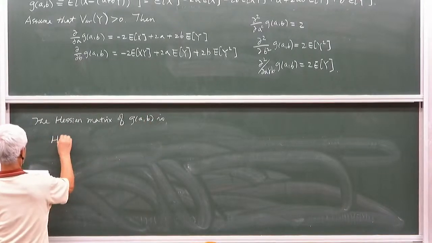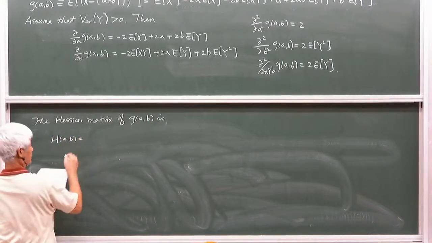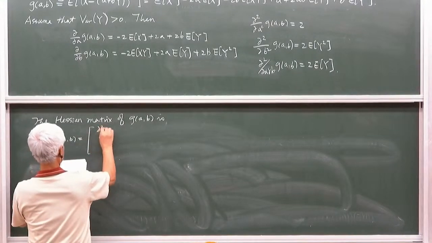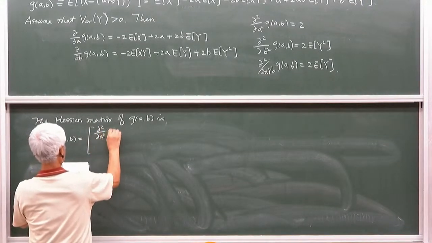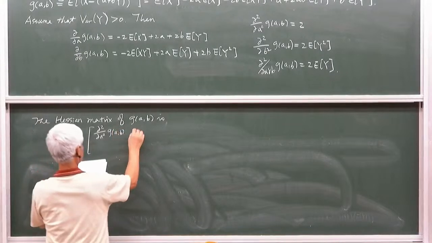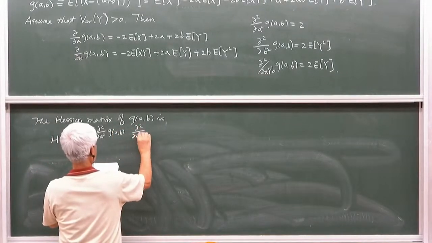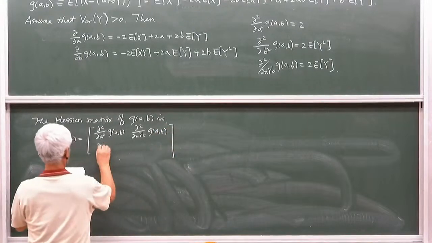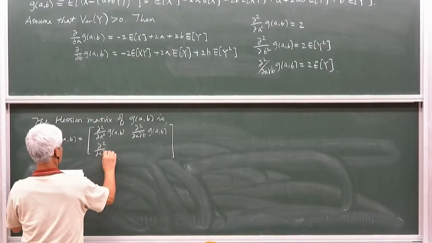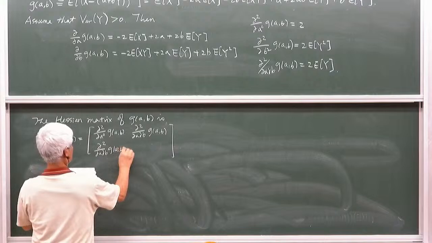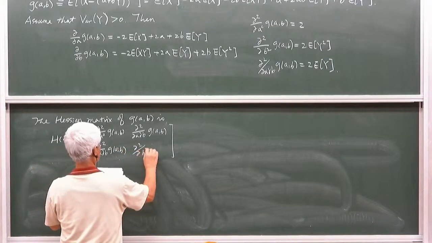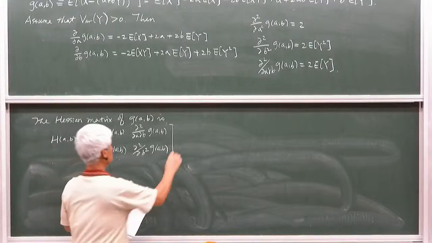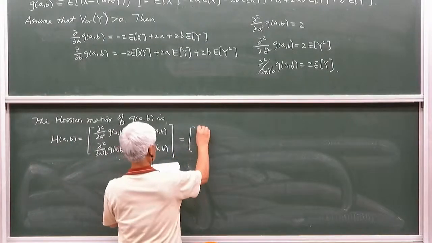So for the Hessian matrix, again, we have 2 parameters A and B. You write down the Hessian matrix. You know this here.